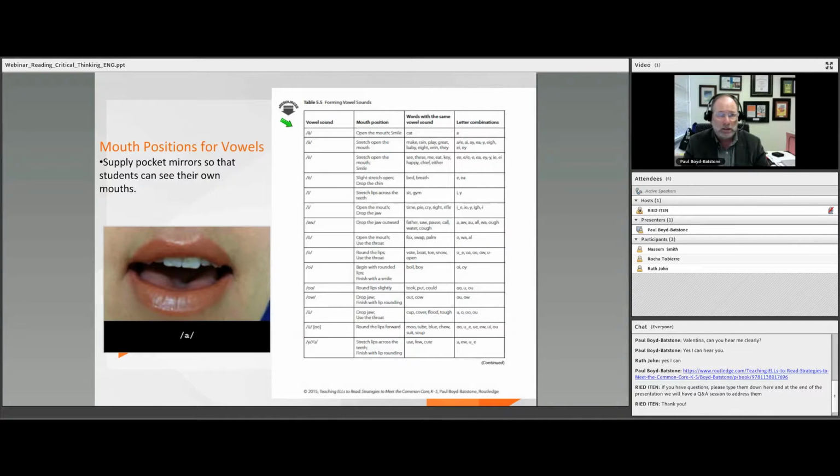Now I put together this chart for the various vowel sounds that you find in English. One of the things that I highly recommend is that although we're talking about sounds for reading, in order to get across sounds, the mistake is to try to teach sounds via another sound.